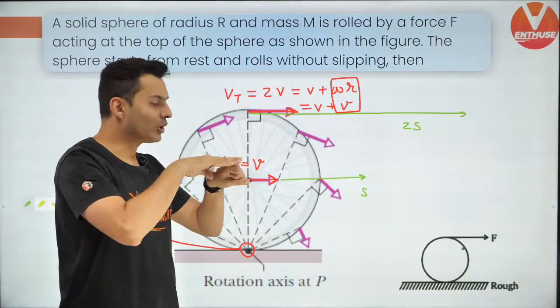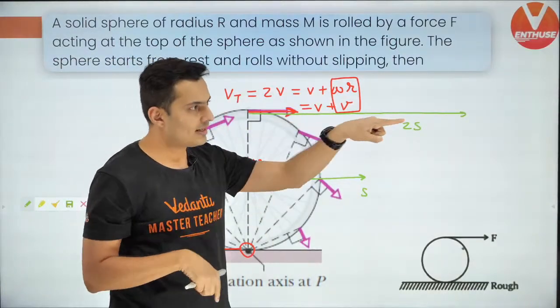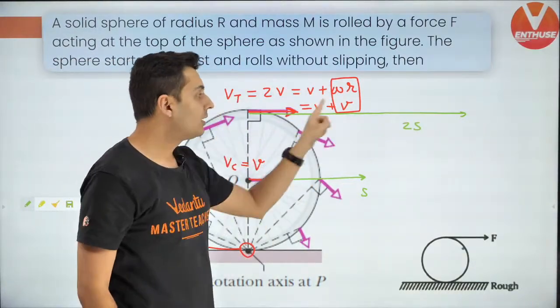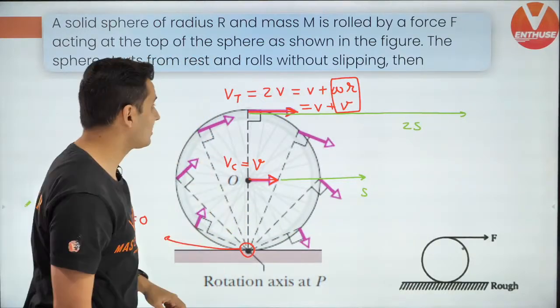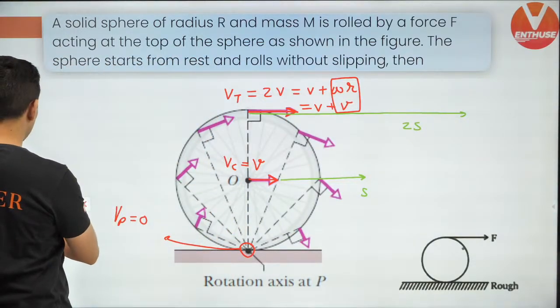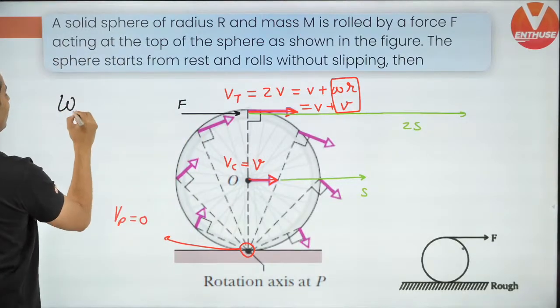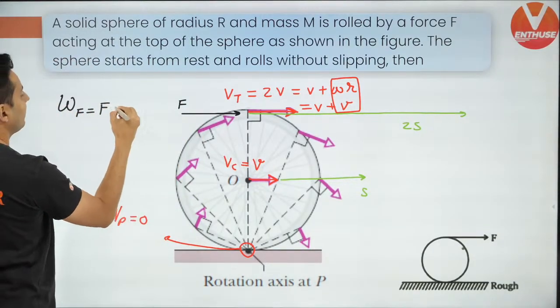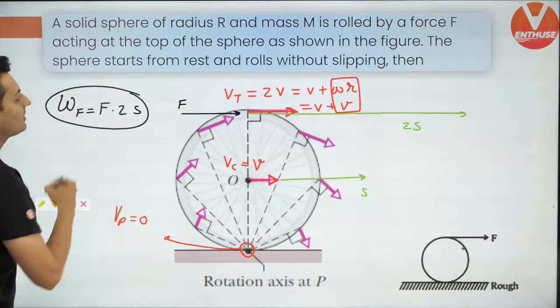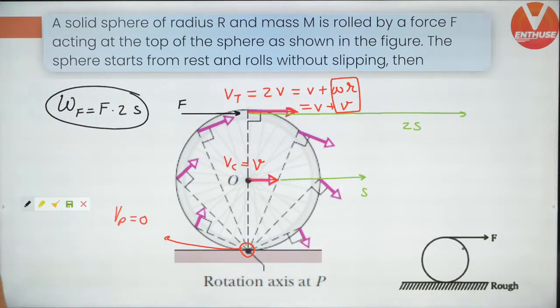Isn't that clear? So the topmost point moves with twice the velocity, so it's going to move double the amount. Hence, if there was a force acting onto it, then what is the work done by that force? It will be F into 2S. That is the final answer. I hope this is clear.